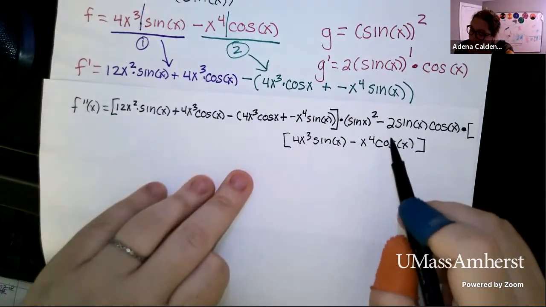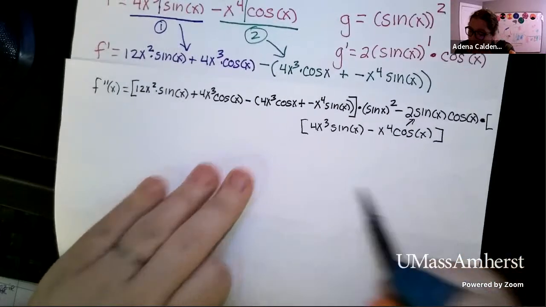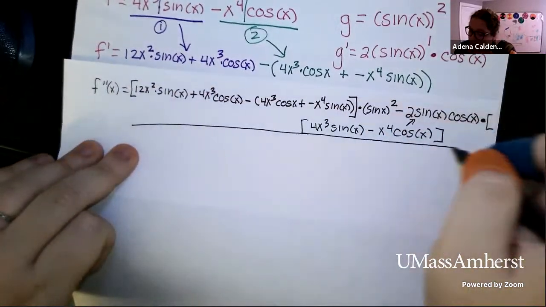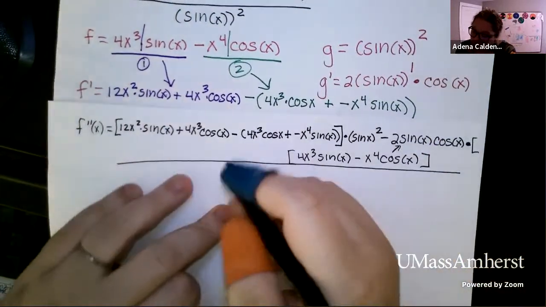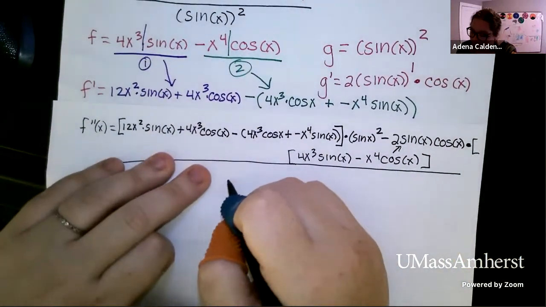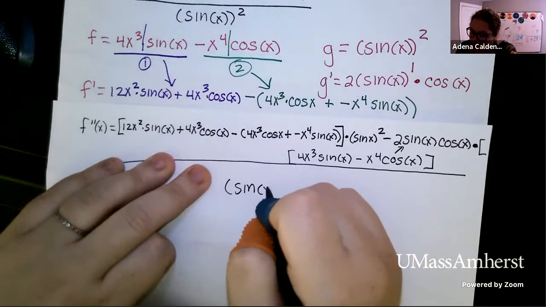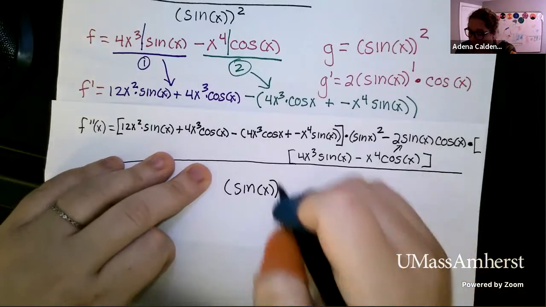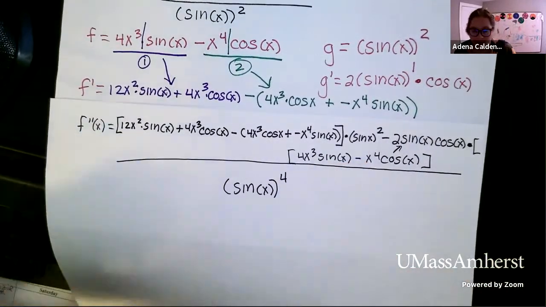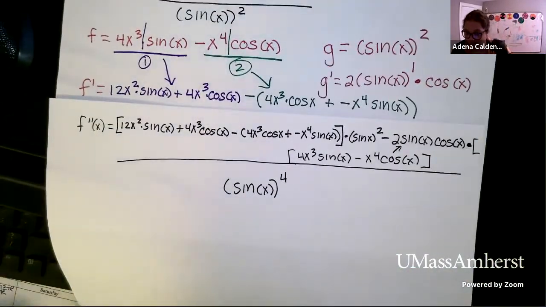Okay, so that is multiplying this term, and that is all divided by g squared. So g is already squared, so we have to square it again. So if we have sine x squared squared, that becomes sine x to the fourth.